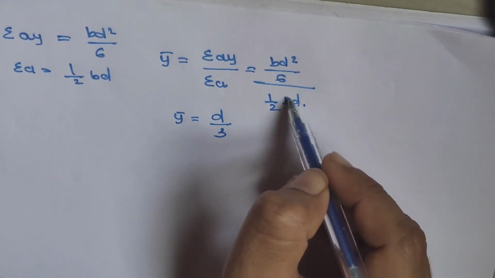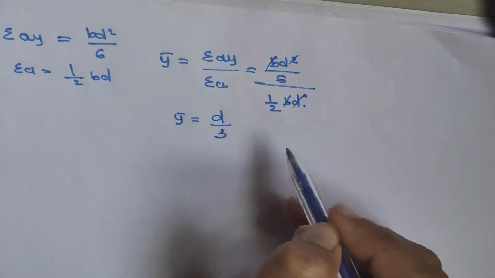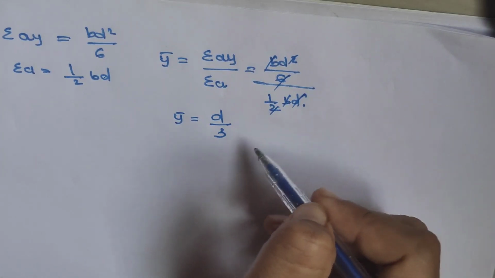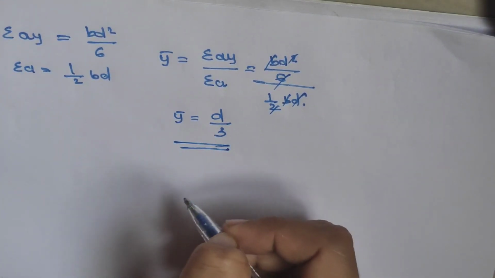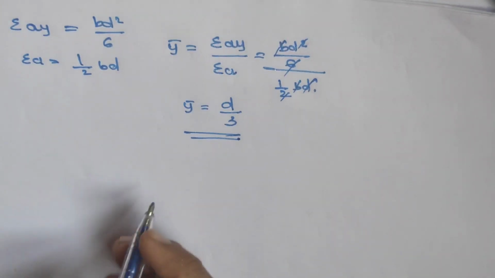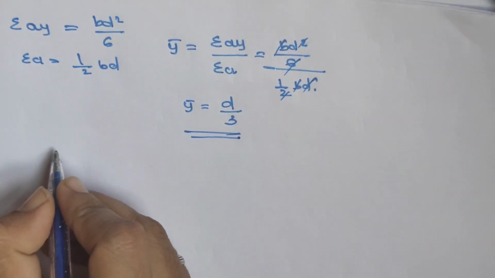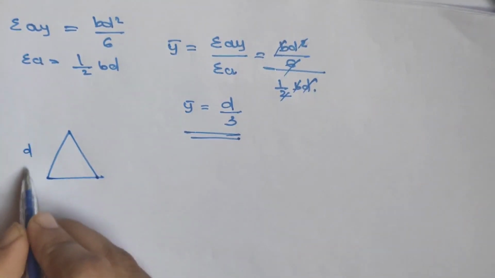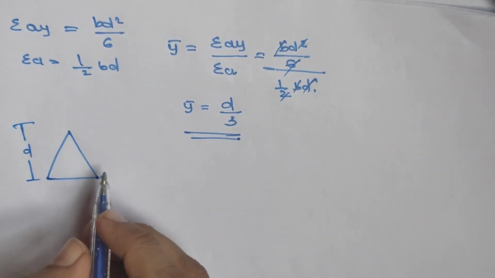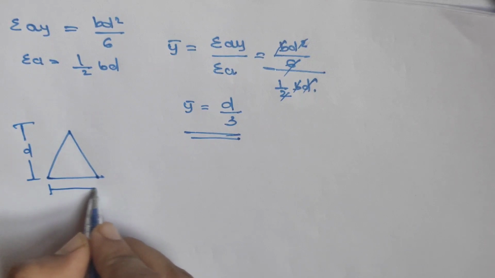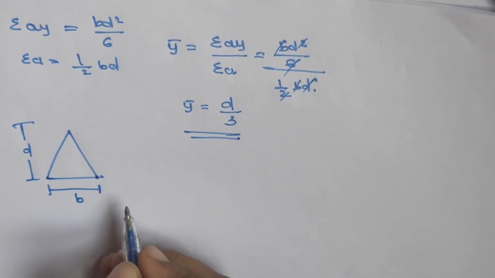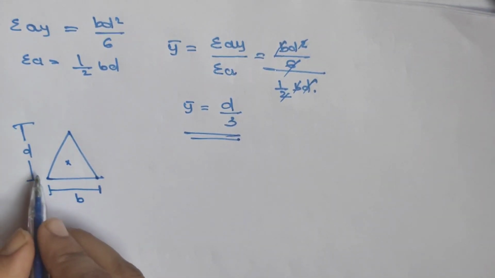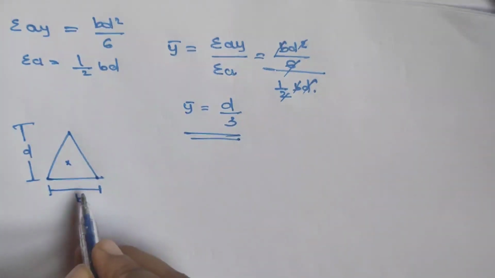Here you can cut b as well as one d. So d by 6, and 6 by 2 will be 3. So you will get y bar equal to d by 3. Now if we consider this triangle, the entire depth is d and the base will be b. Here x bar, this is the centroid, x bar will be b by 2 and y bar will be d by 3 from the base.